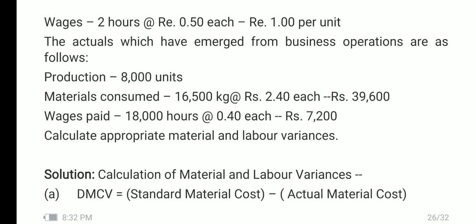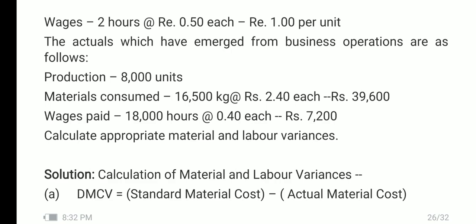Calculate appropriate material and labor variances. Appropriate variances means labor cost variance, labor rate variance and labor efficiency variance, material cost variance, material price variance, material usage variance. These are the variances to be computed.